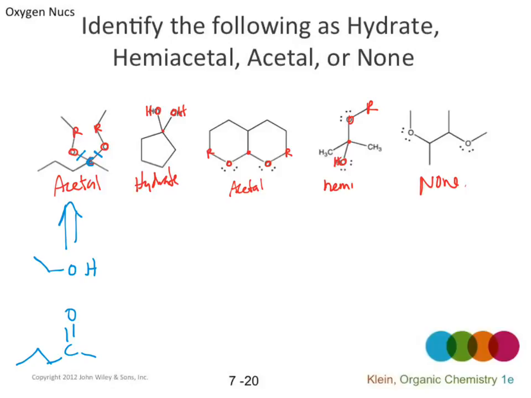What happens with the middle one? This one's trickier. Where's our carbonyl carbon? Okay, it's going to be the one that looks most like a carbonyl carbon, one that has 2 carbon-oxygen bonds.